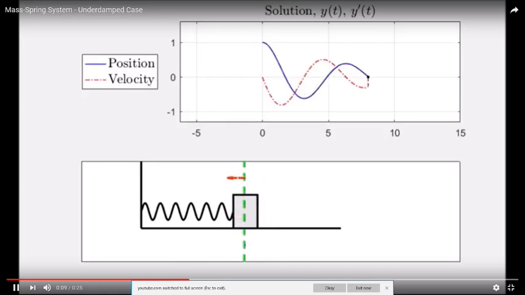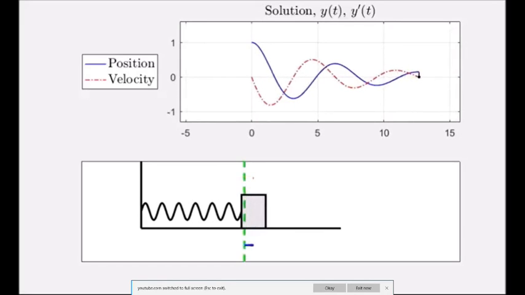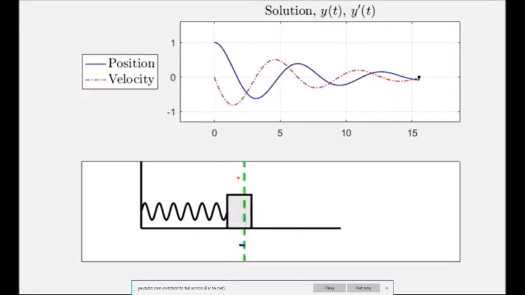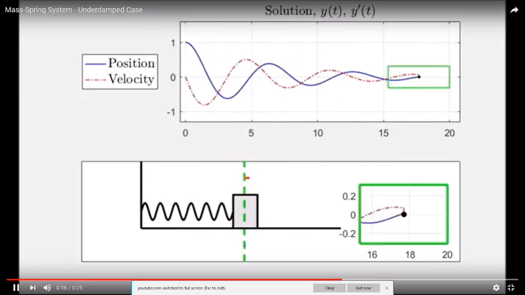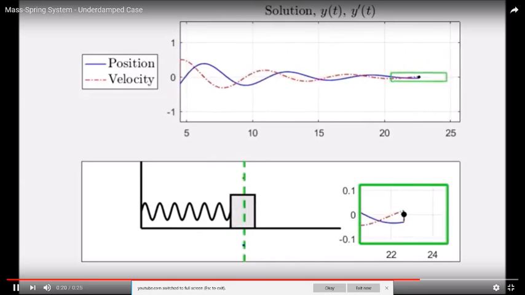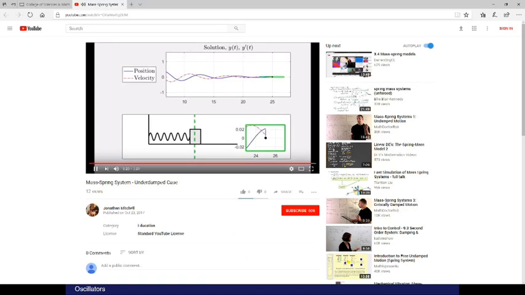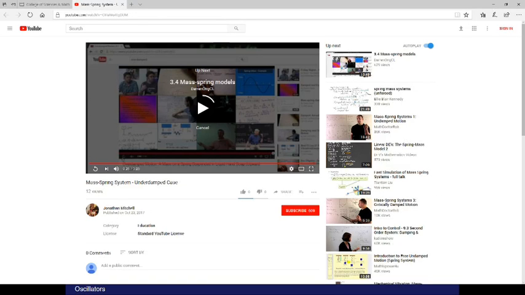So maybe it's oscillating back and forth, but what was kinetic and potential energy exchanging perfectly is now being lost to heat energy, and friction is taking that energy and converting it to other forms. But it settles down, right? We look at this and say, okay, that's what I would expect to see for a typical mass spring system.